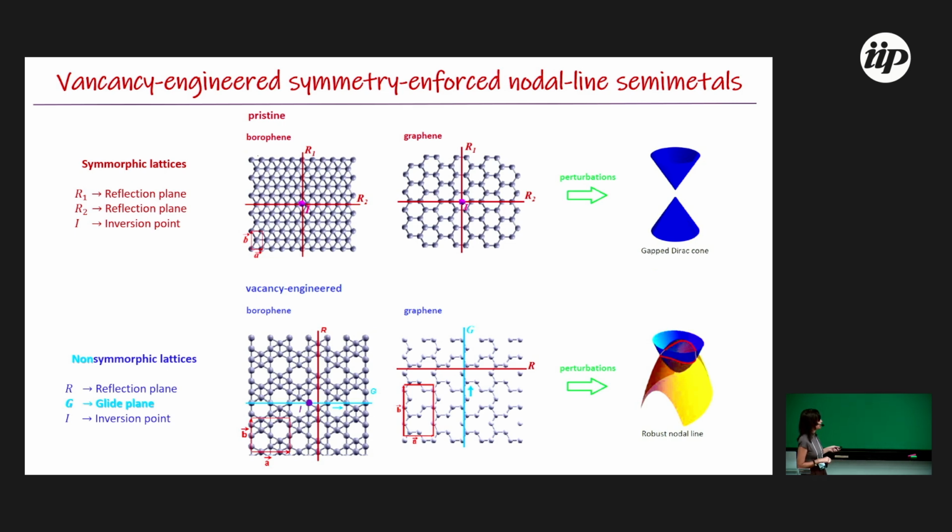So this Dirac cone is very fragile to perturbation in general and spin-orbit coupling in particular. But if you just remove atoms in a certain way, so you trade one of the reflection planes for a glide plane, then instead of a Dirac cone, you get this nodal line, and also it's very robust. Actually, it's symmetry enforced, so it's arbitrarily robust to perturbations.